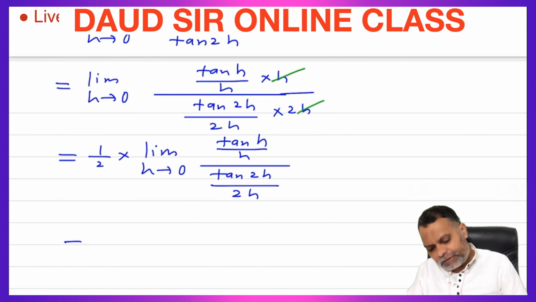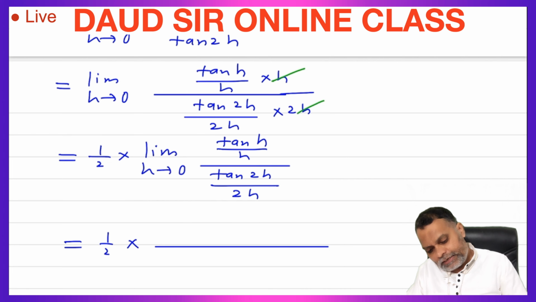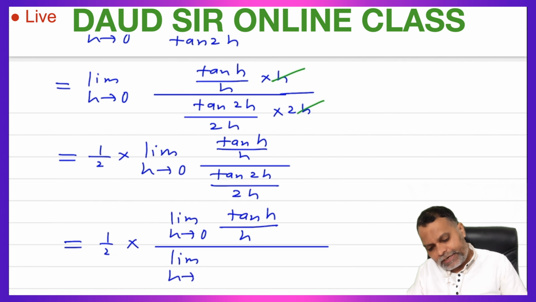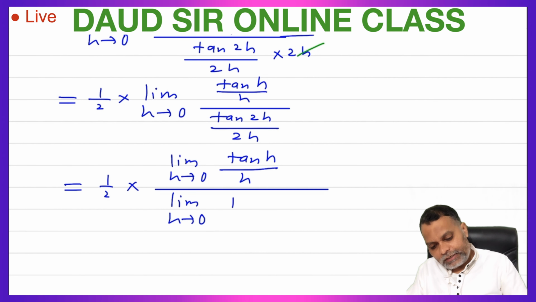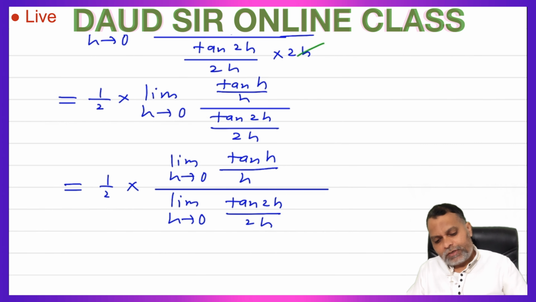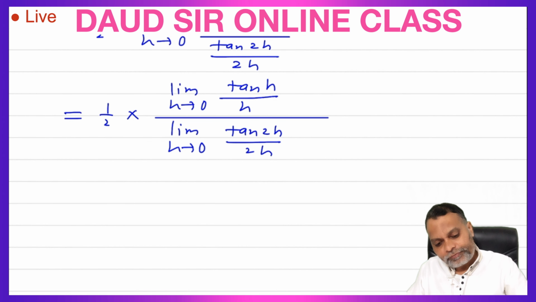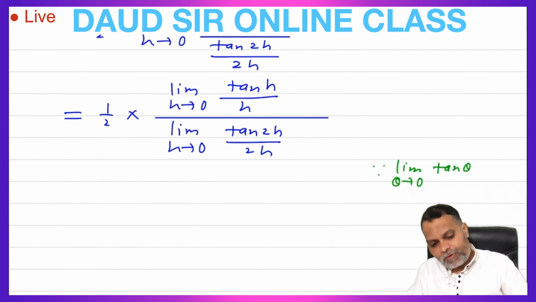Take the separate limits. 1 upon 2 into limit h tends to 0 tan h upon h, upon limit h tends to 0 tan 2h upon 2h. We have the limit, since limit theta tends to 0, tan theta upon theta is equal to 1.